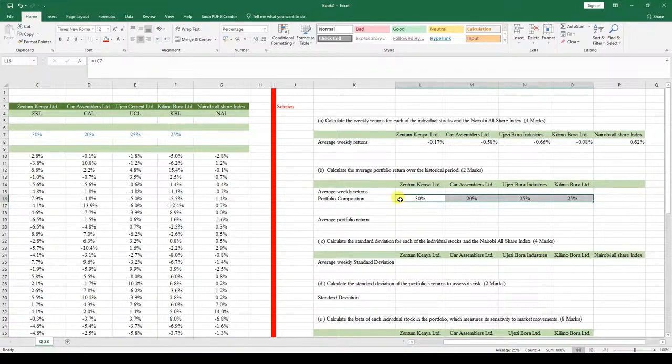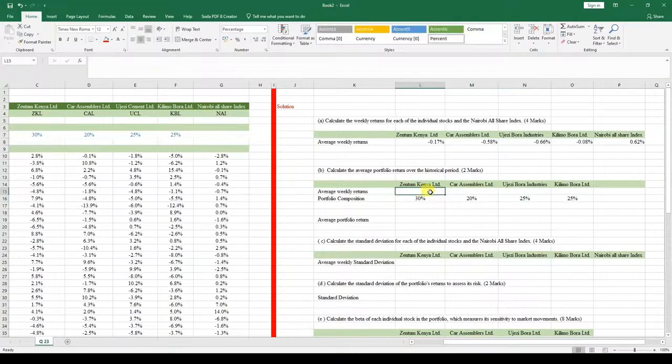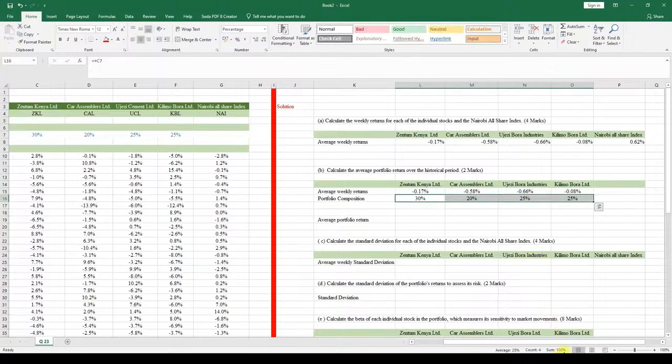Remember, we have computed the average weekly returns above here, so we just link it with up above there, and then we drag it, Control R, the same values, excluding the all share index. Because all of these portfolio compositions total to 100%, as you can see down here, we cannot include the all share index in our portfolio.